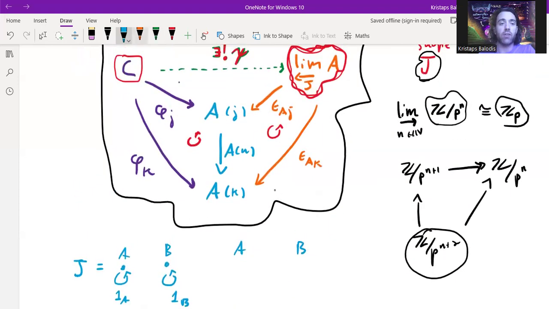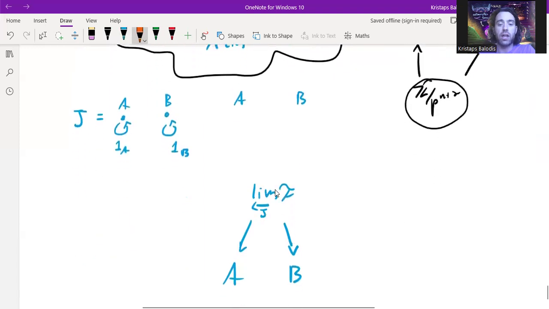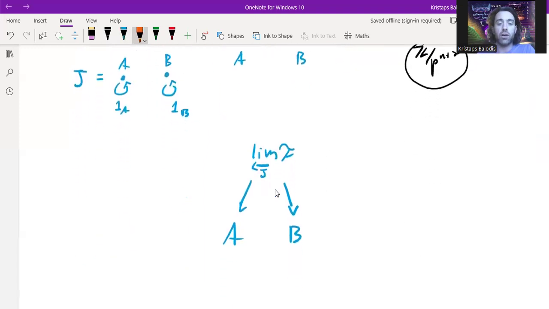If we look at this diagram, it says, if I have any other thing C, and remember the conditions have to make the diagram commute, but there's nothing to say here, it says if I have any other C with maps into here, then there has to exist a unique morphism that makes this diagram commute.